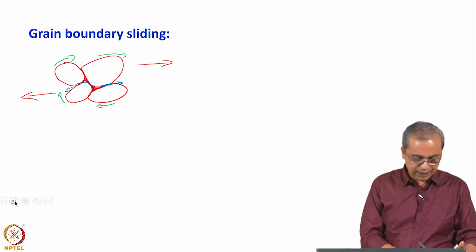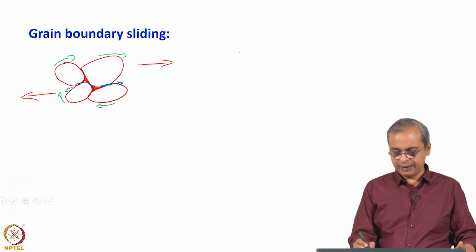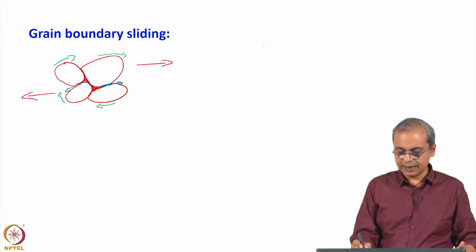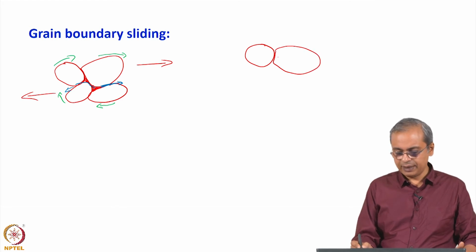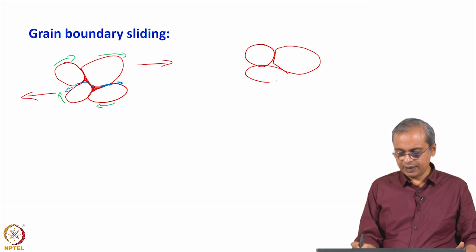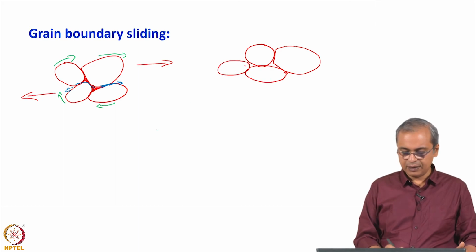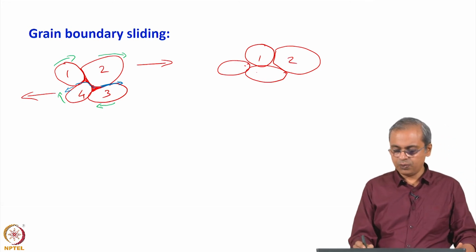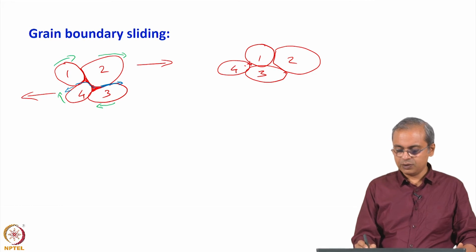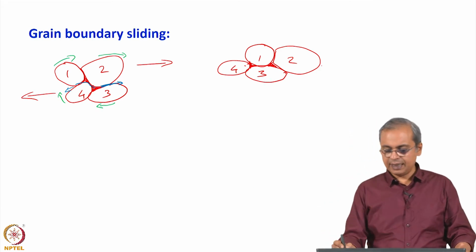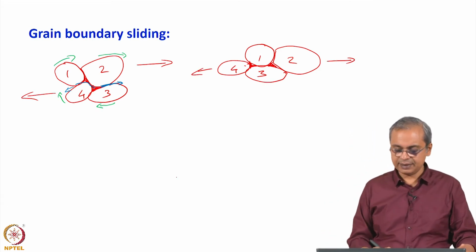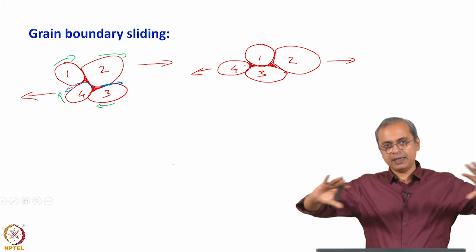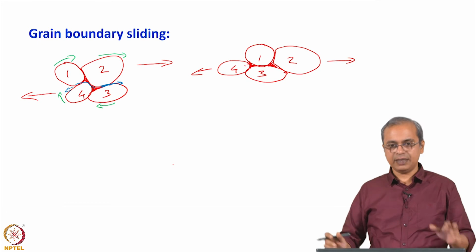Let us assume that after a little bit of deformation, this is still your other grain there, and this is twisted down that way a little bit, and then this grain has come off here, and the other grain is sitting here. If I call this 1, 2, 3 and 4, you now have 1, 2, 3 and 4. This is how they have slid with respect to each other, and this is because the stress is being applied in this direction. The set of grains are being pulled apart, and they start sliding with respect to each other.